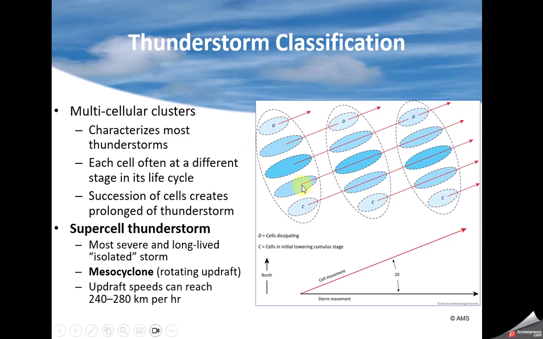As that line is moving along, they reach a stronger intensity, and then they gradually dissipate. Well, a new cell develops on the southern end of the line again, replacing these old ones. So instead of getting a nice northeast motion, you wind up with an east motion because you have continual redevelopment on the south side of the line. So while the actual individual cells are moving to the northeast, the thunderstorm cluster is actually moving to the east.